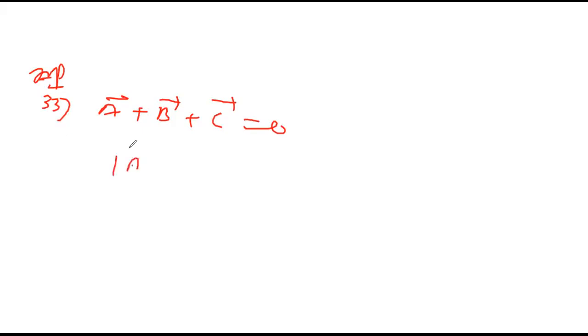Out of these 3, 2 are equal in magnitude, and the third vector is root 2 times the magnitude of either of the vectors. Then what is the angle between the vectors?